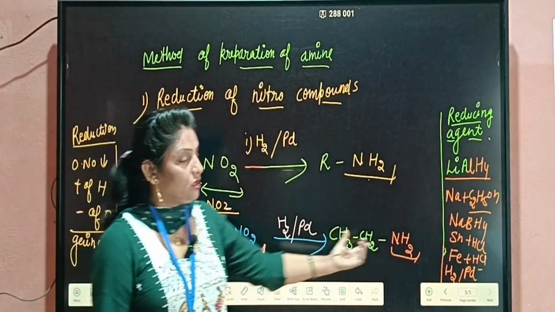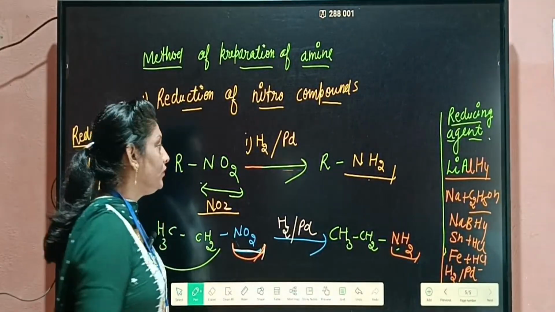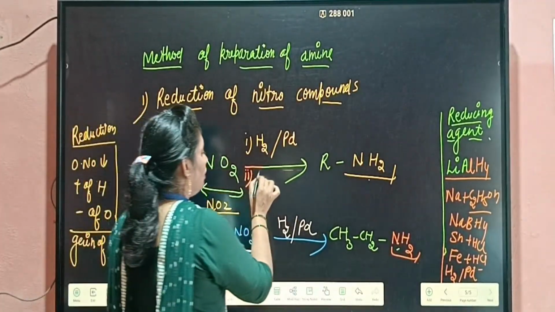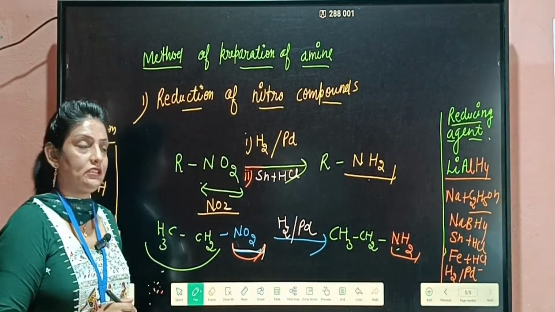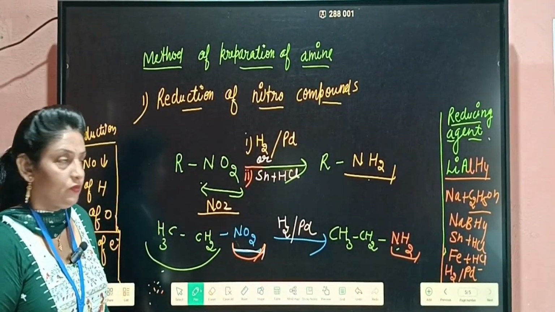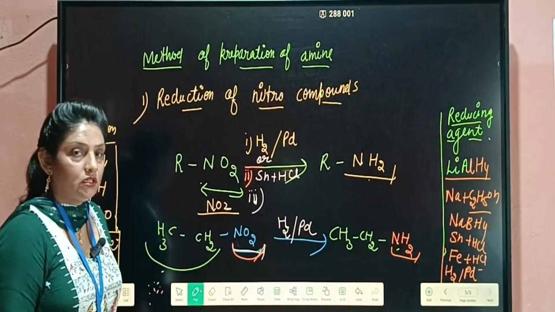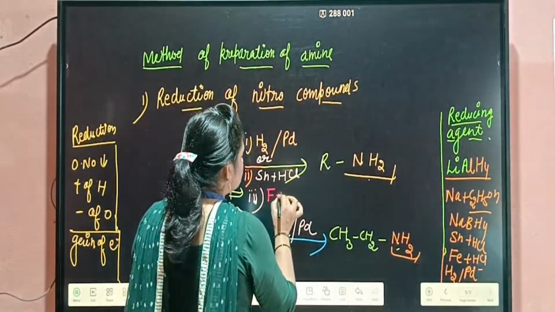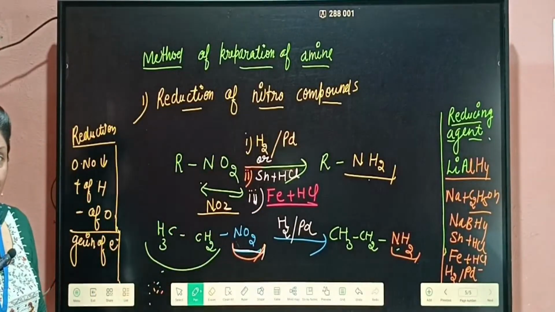Means nitro can be reduced into amine, either by hydrogenation, or the same process you can do in presence of Sn plus HCl. Either you can take this or this one. The same task you can complete in presence of Fe plus HCl also.